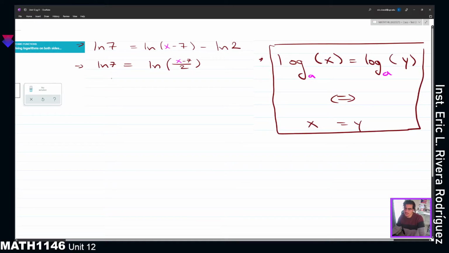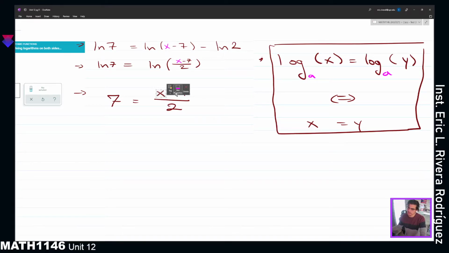Because what we are seeing here is that we have natural log on both sides. So that means that 7 equals x minus 7 over 2. And this is something that you can solve.